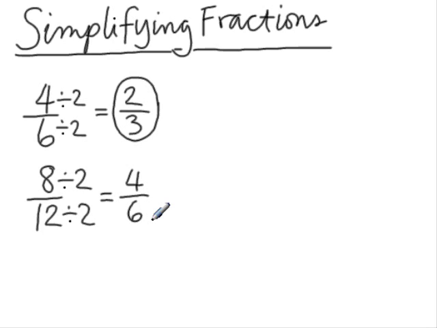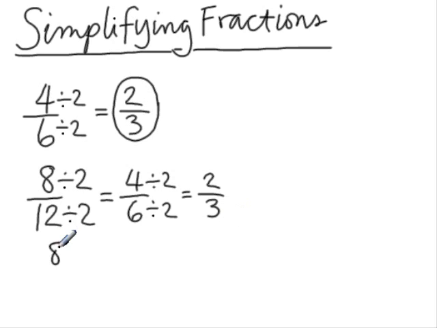Is that in simplest form, or is there a number that divides evenly into both of these? Well, in fact, we can divide both of those again by 2. 4 divided by 2 is 2. 6 divided by 2 is 3. And so, just as in the previous example, it is now in simplest form.